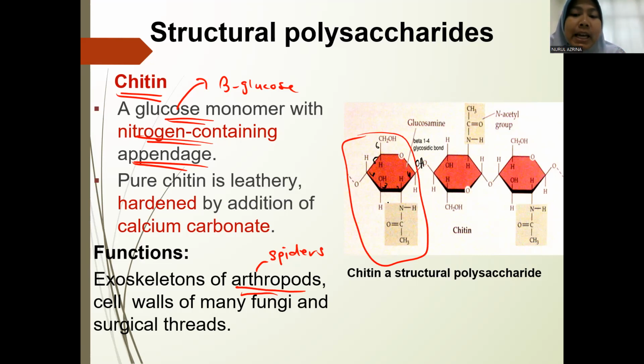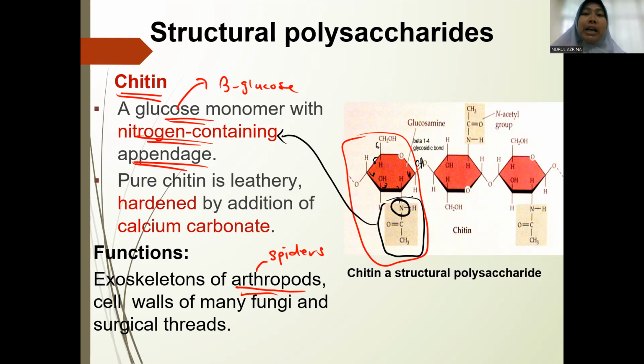But you can see they have a nitrogen containing appendage. Ini yang kita panggil nitrogen containing appendage. Sebab ada satu struktur yang terikat bersama dengan glukos yang mengandungi nitrogen. Okay, alright. So kalau nampak je gambar ni, confirm ini adalah chitin, bukan cellulose.